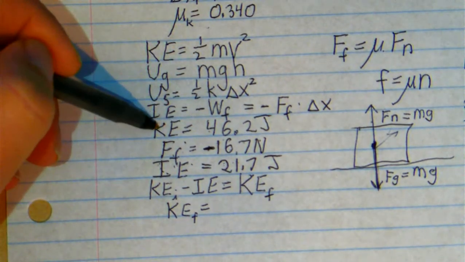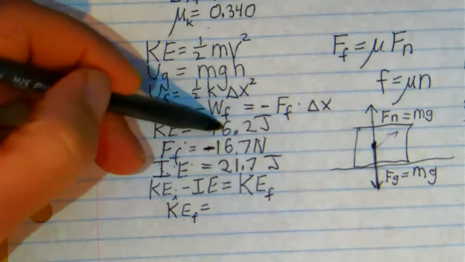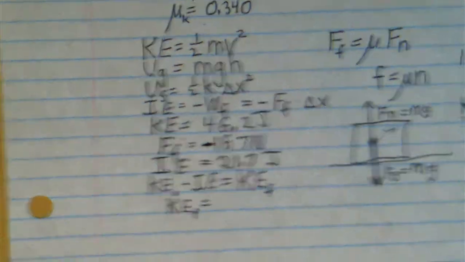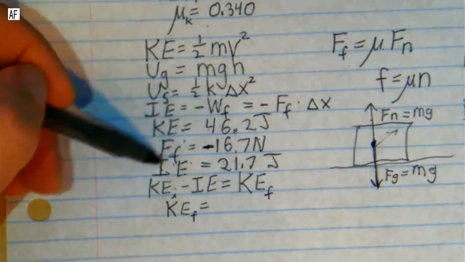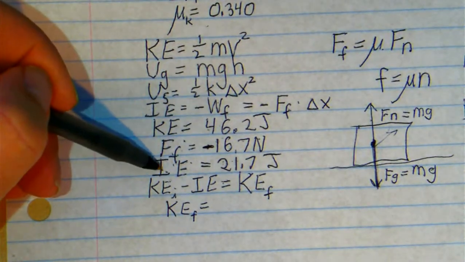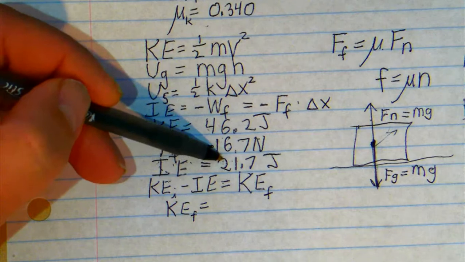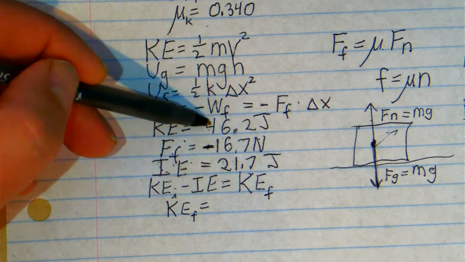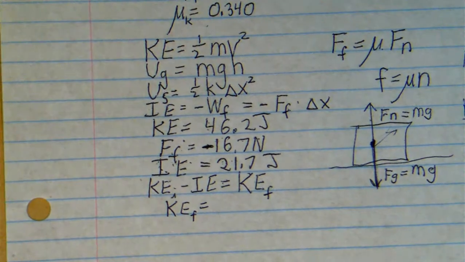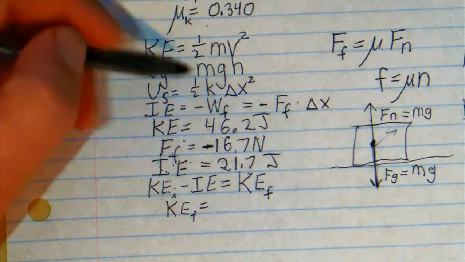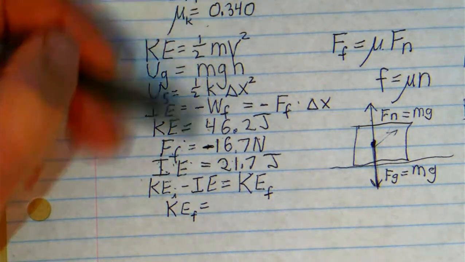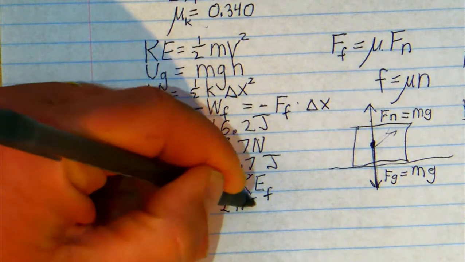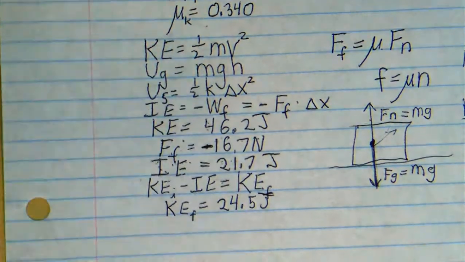If the block started off with 46.2 joules of kinetic energy, and then went through a rough patch where friction stole 21.7 joules from this initial amount, then all we have left after we get through with this rough patch is 24.5 joules of kinetic energy.